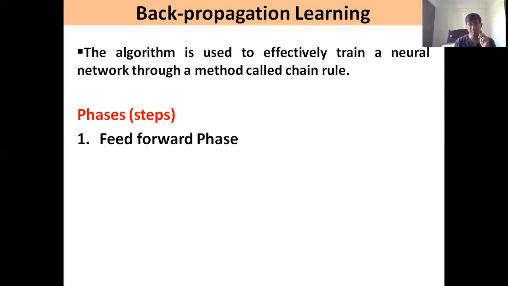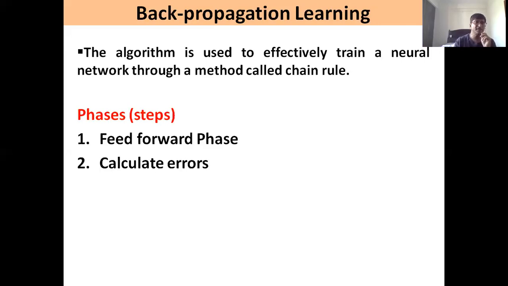We would be calculating the hidden inputs, their activation outputs, and then the outputs at the output layer. So the feed-forward phase is the calculation of the output of each and every neuron in the output layer. That is where the feed-forward phase ends.